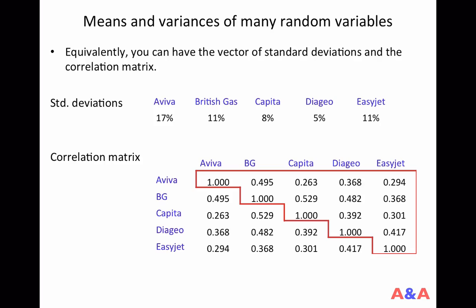And finally, remember, as long as you know standard deviations and correlation coefficients, you can always recover variances and covariances if you want them. And if you have variances and covariances, you can always compute standard deviations and correlation coefficients.